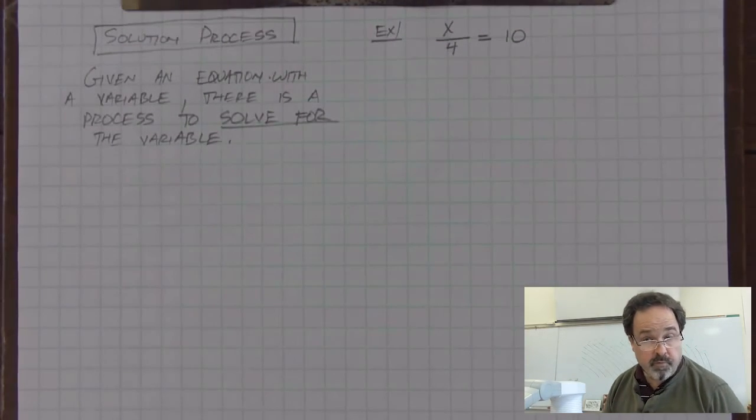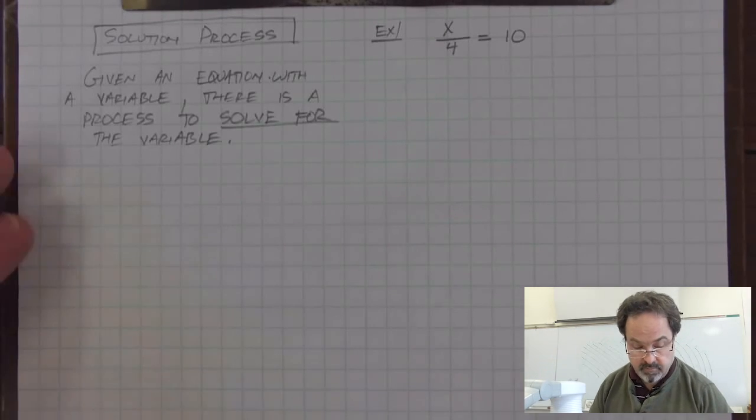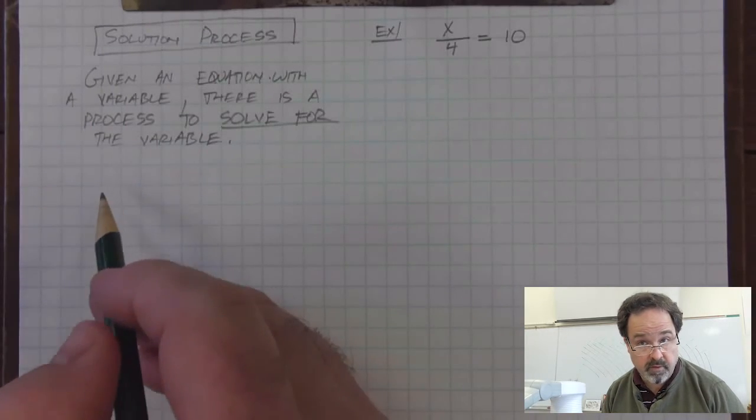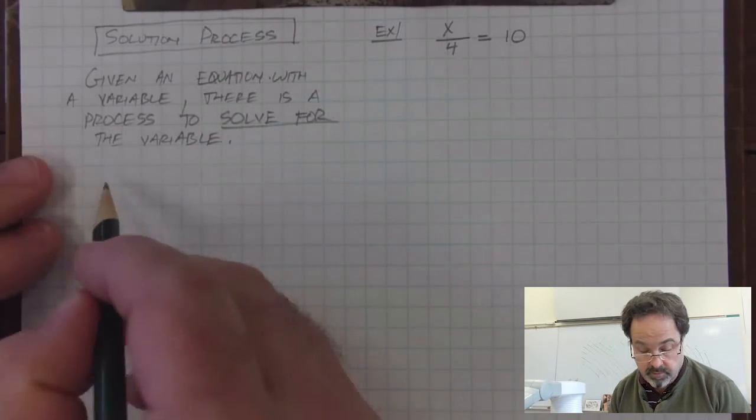To solve for a variable and find the solution to an equation are slightly different things. But when we solve an equation that has one variable in it, then we will find the solution.